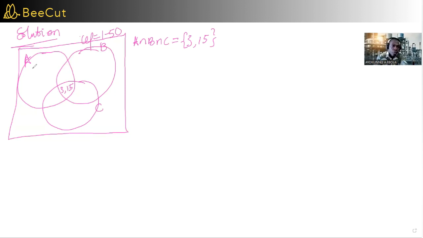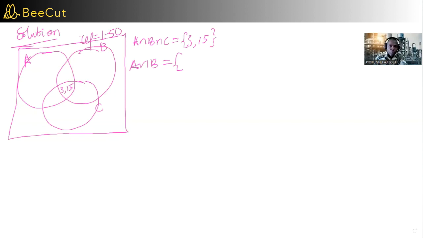So let us check for A intersection B now. What is present in A and is also in B? A is 1 to 20, B is the factors of 30.